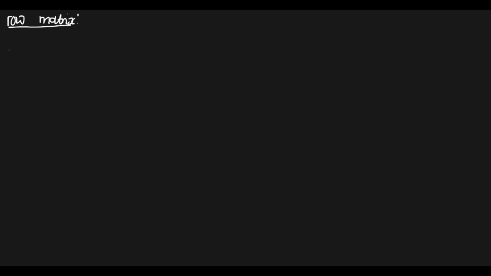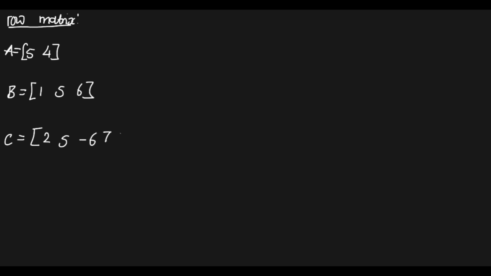For example, if we have matrix A, so this is a row matrix, this is a row matrix, this is also a row matrix. What we mean by row matrix is just any matrix that has only one row.